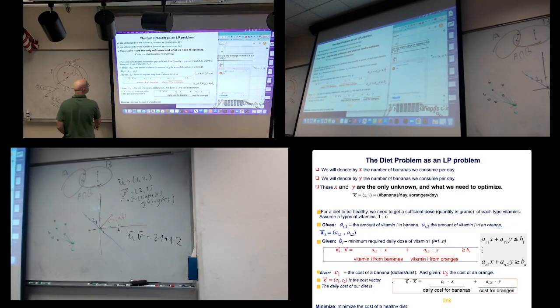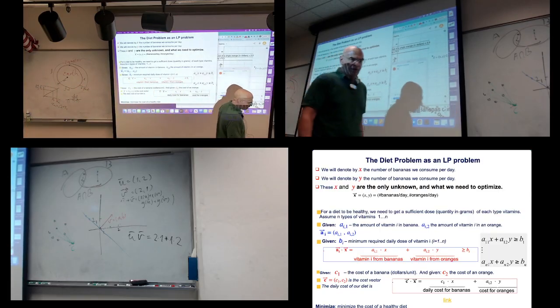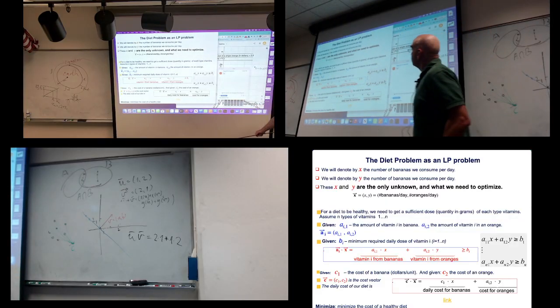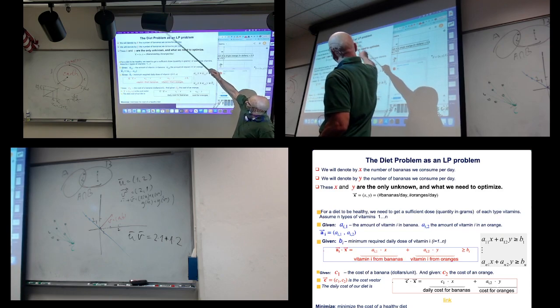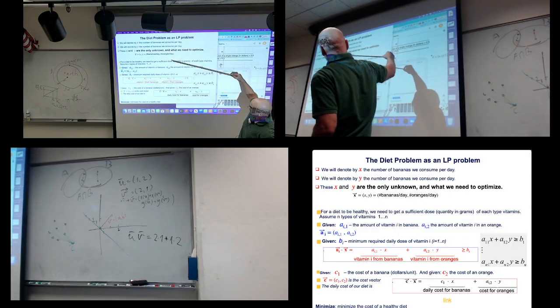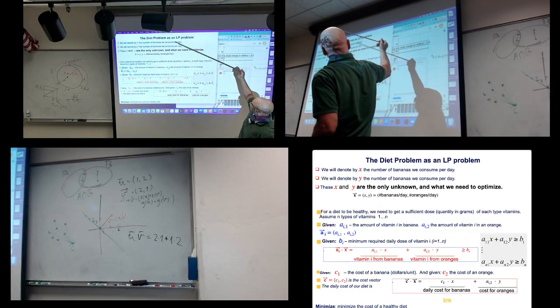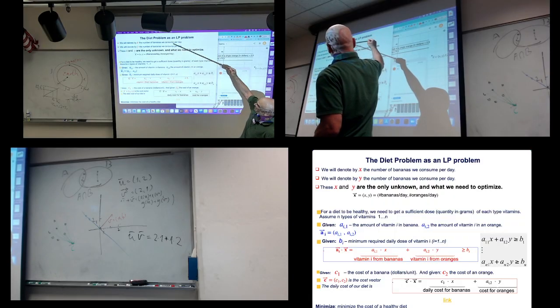So that problem in 2 dimensions would mean that our diet consists of only bananas and oranges, and we need to decide how many of each per day.